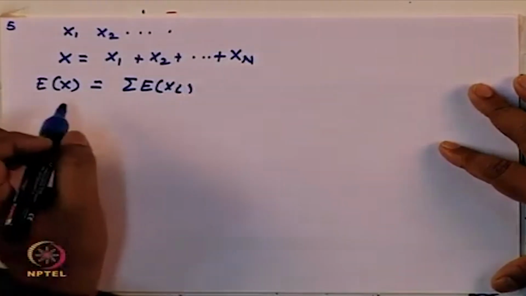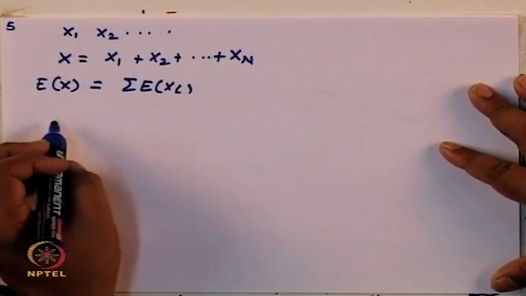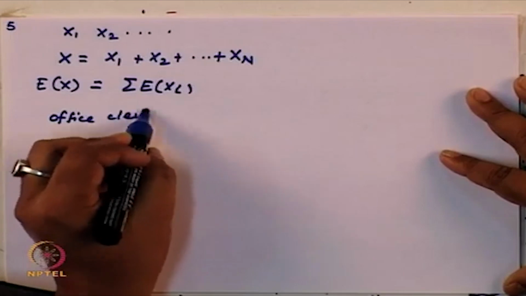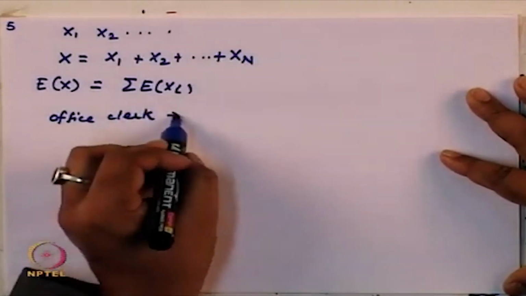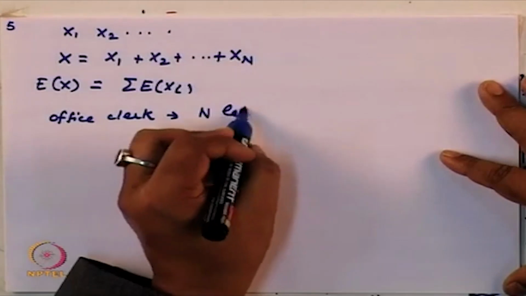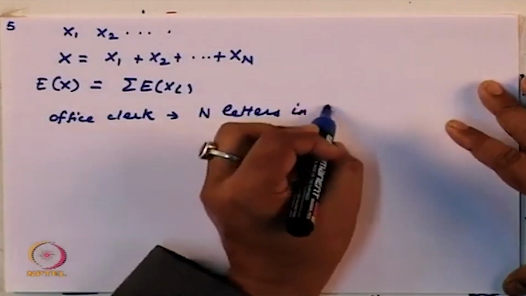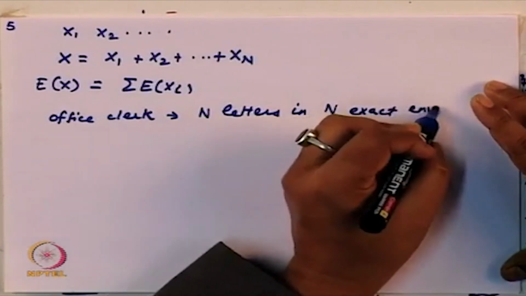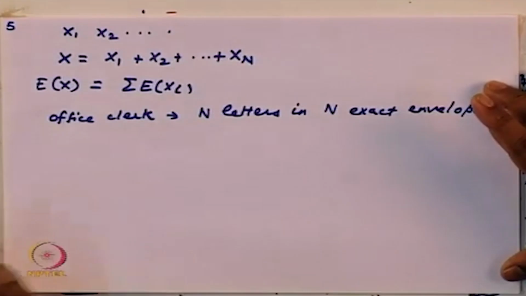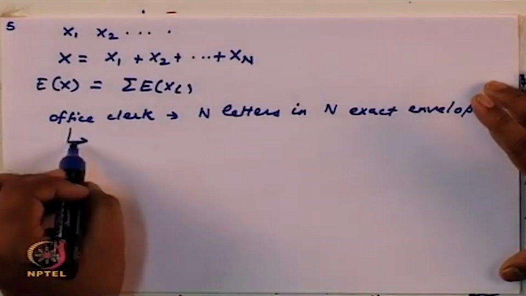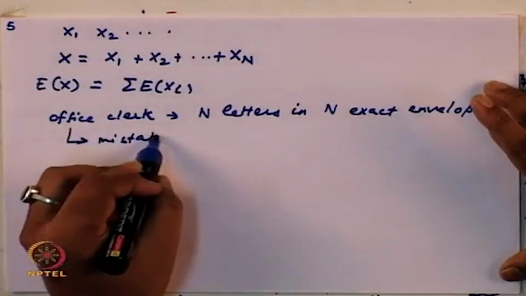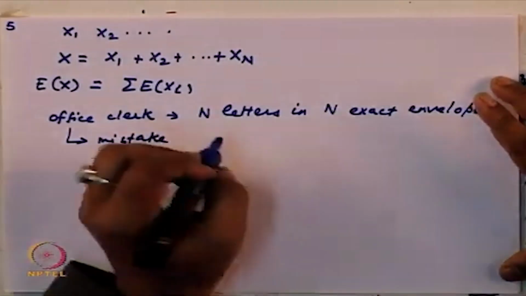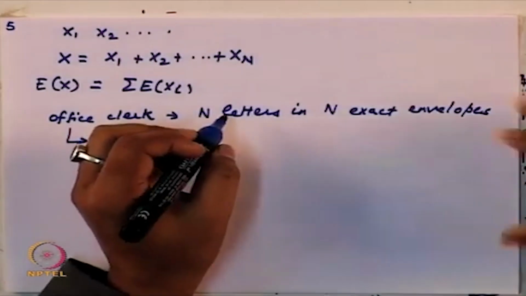Let us take a very simple example. Imagine the office clerk has to put n letters in n exact envelopes. When we say n letters in n exact envelopes, every letter should ideally be in one particular envelope.